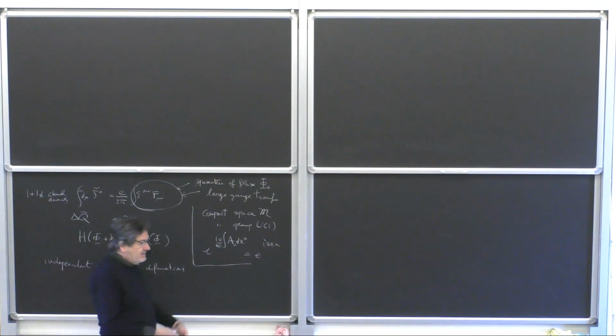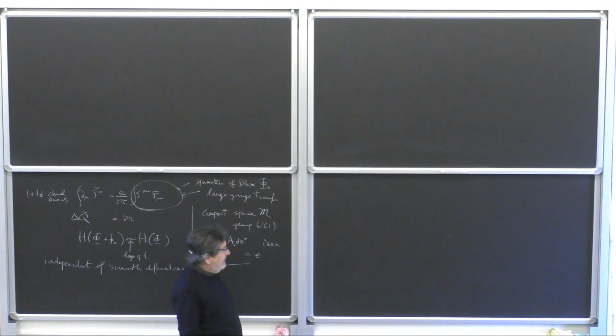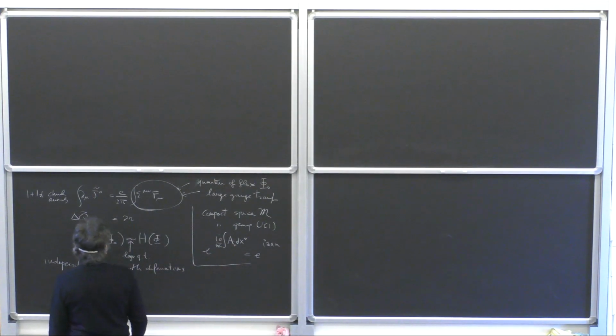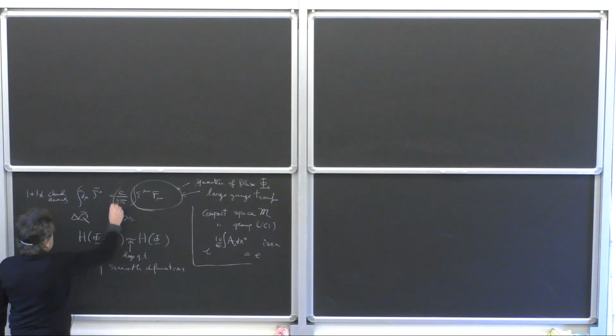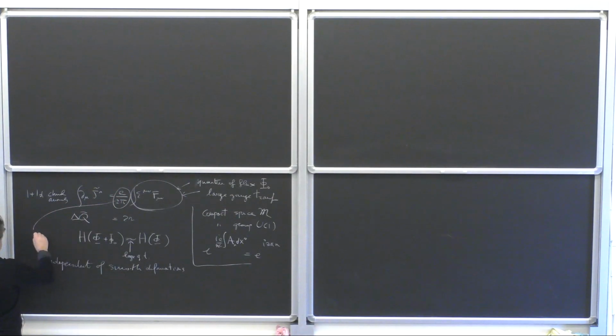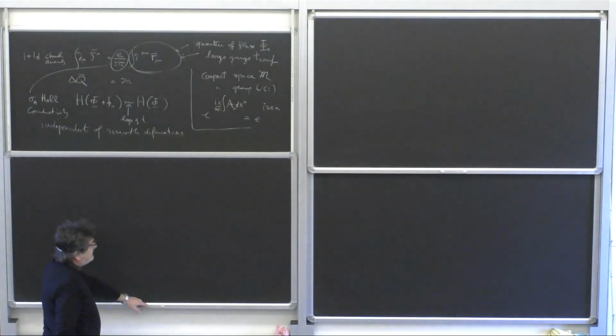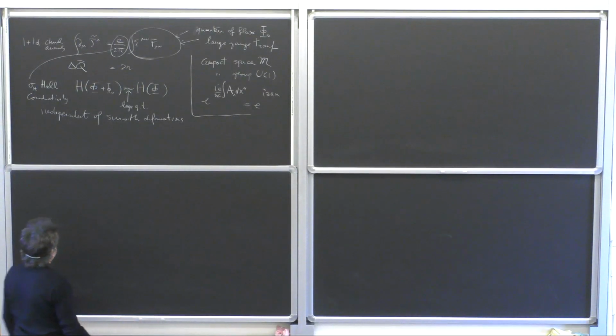For example, we discussed the quantum Hall effect, and we found that indeed this same number is equal to the Hall conductivity, and that the spectral flow that is realized by this current is equivalent to the Hall current.